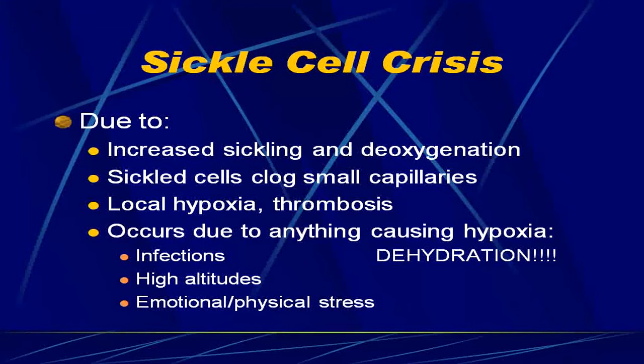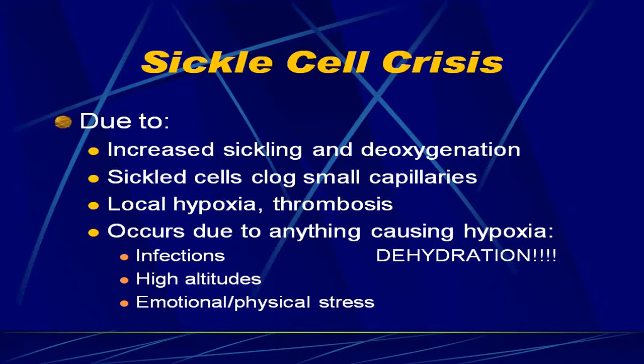And so that's what we see with dehydration. When a person is dehydrated, all the cells clump together because we don't have the fluid in there to break those cells up. So if a person is dehydrated, then it can bring on a crisis.